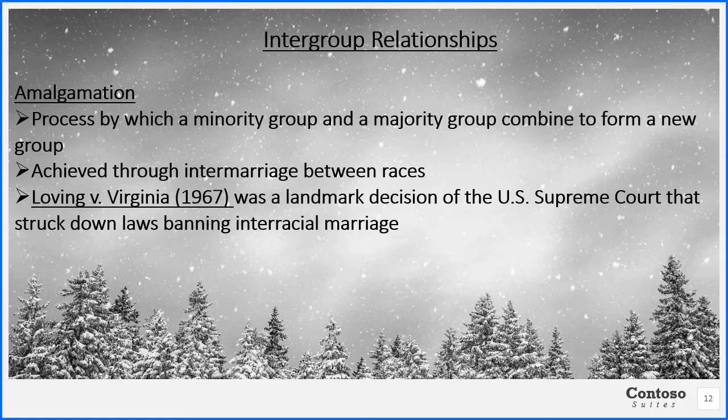Then another of the intergroup relations I went over was amalgamation. This is a process when a minority group and a majority group combine. So basically it's intermarriage between different ethnicities or races. It blurs the line between where societies can define one race or ethnicity ends and another begins.